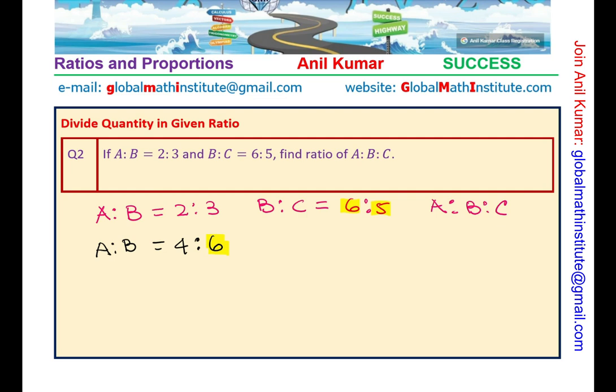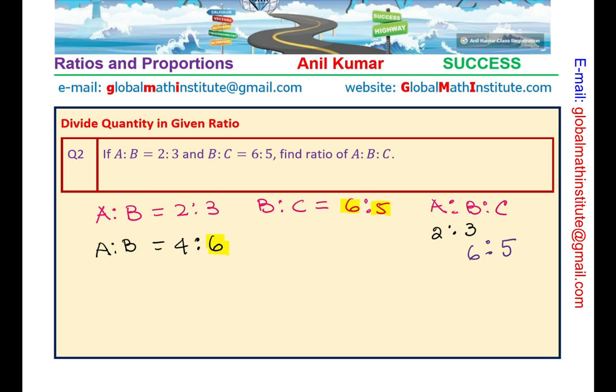So that's the key. So when we are looking into three ratios like A, B, and C, see what we were given in short. We were given that A to B is 2 is to 3, right? And we were also given that B to C is 6 to 5.